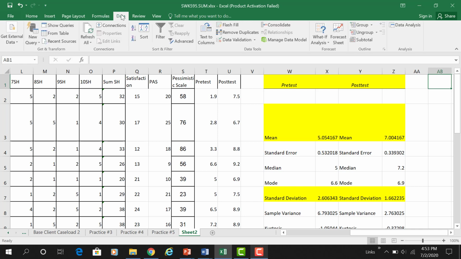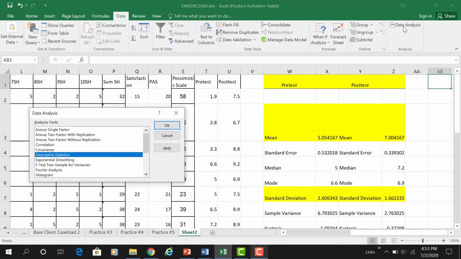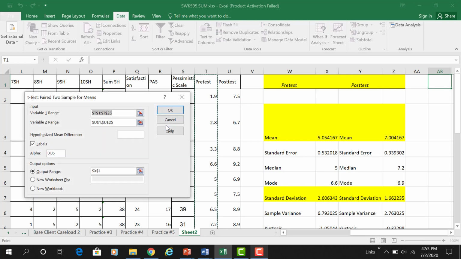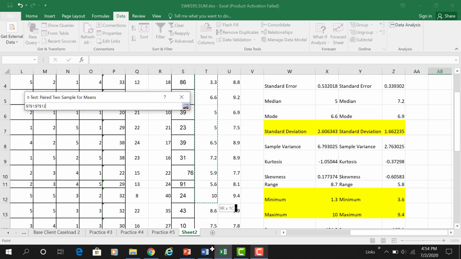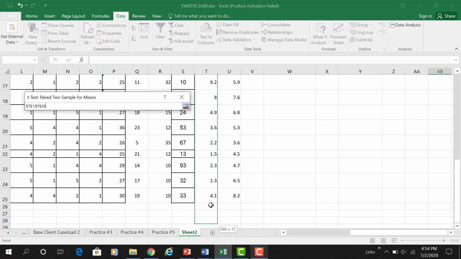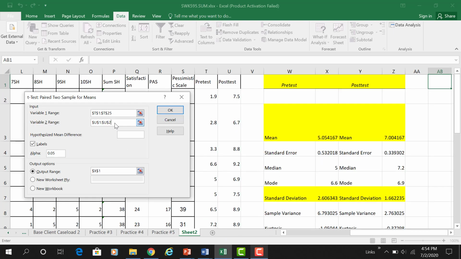Again, we go to Data Analysis and down to the first one, which is t-Test: Paired Two Sample for Means. We hit OK. Now we have to select one at a time. Variable 1 can be the pre-test and variable 2 can be the post-test.